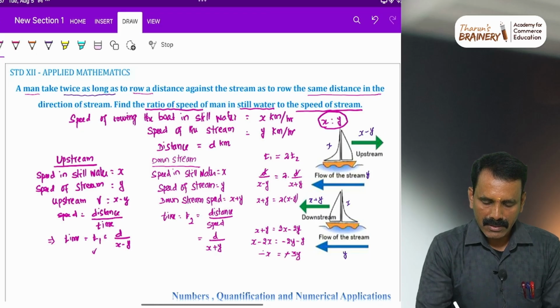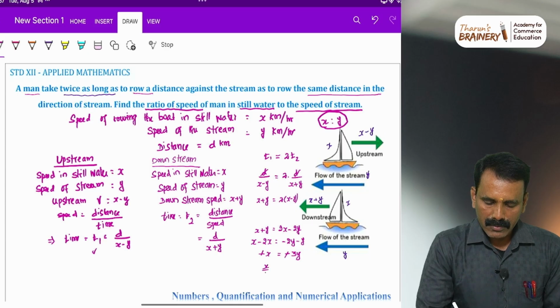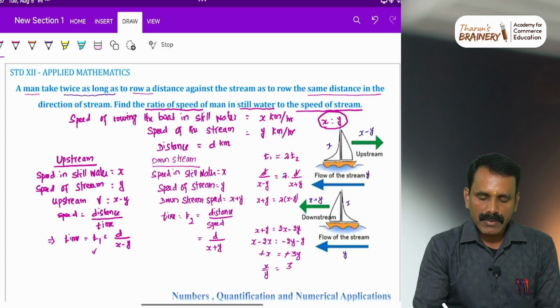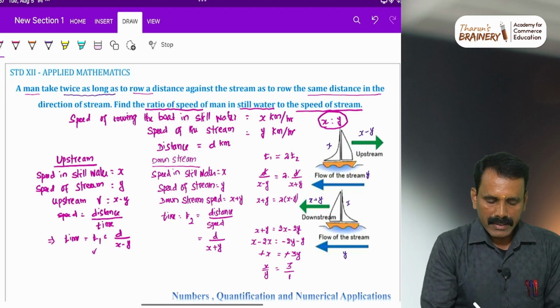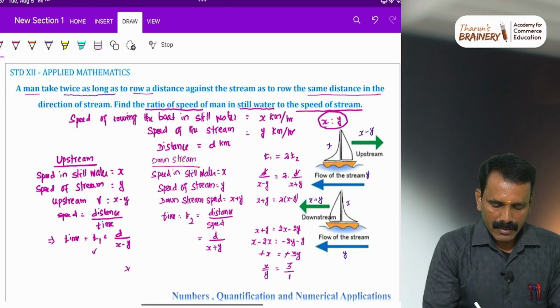We cancel the minus on both sides. So x by y is equal to 3, and because we write this as a ratio, we write the denominator as 1. So we get the answer: x is to y is equal to 3 is to 1.